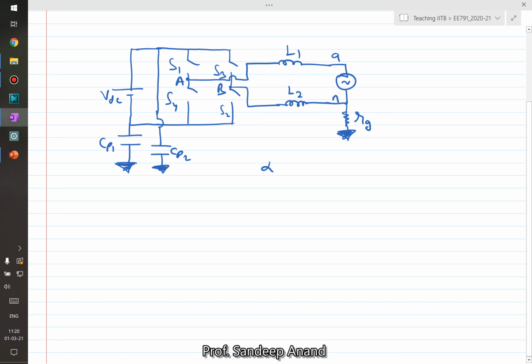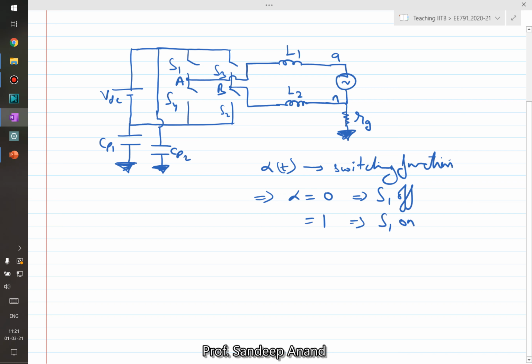Let's say alpha of t is the switching function, such that when alpha is equal to 0, S1 is off, and when alpha is equal to 1, S1 is on. Obviously S1 and S4 are complementary, so S1 off means S4 is on, and S1 on means S4 is off.